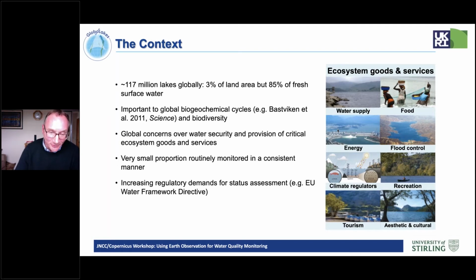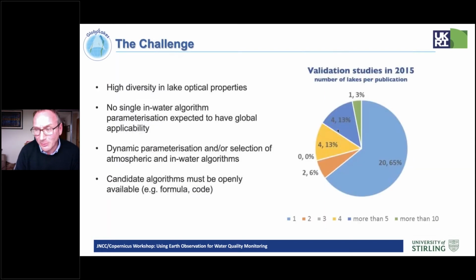So for GloboLakes, we obviously tackled this problem from an Earth observation perspective. And if we just have a quick snapshot at the publications that were coming out at the midpoint of this project, you can see the vast majority of those publications are very much focused on individual or a limited number of water bodies.